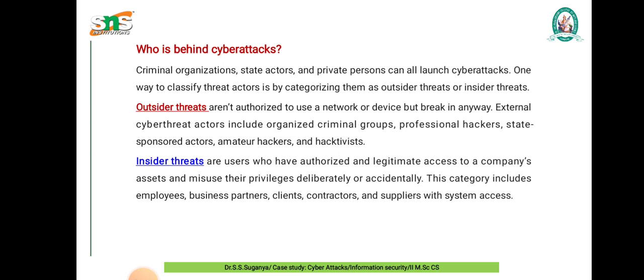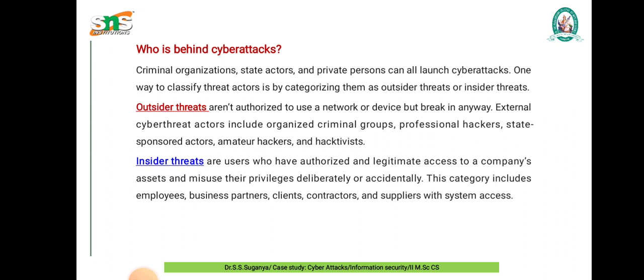Outsider threats aren't authorized to use a network or device but break in anyway. External cyber threat actors include criminal groups, professional hackers, state-sponsored actors, amateur hackers and hacktivists.